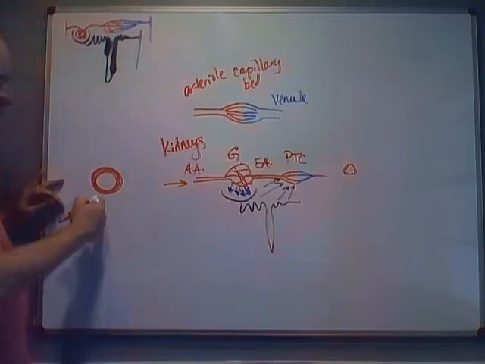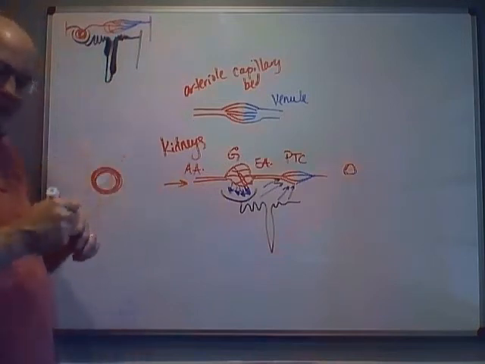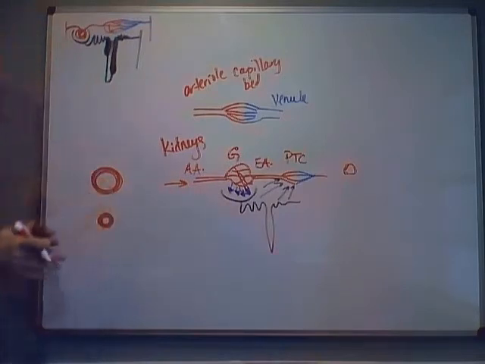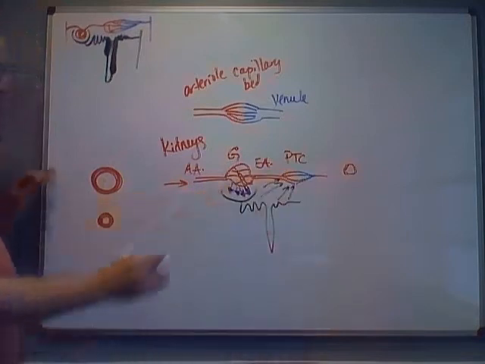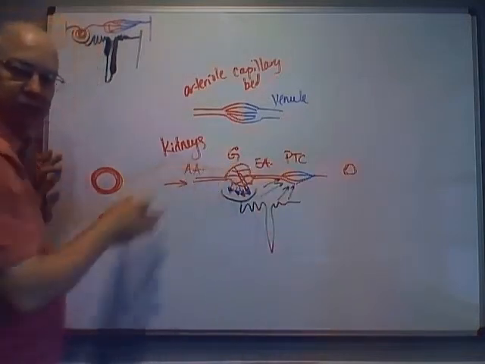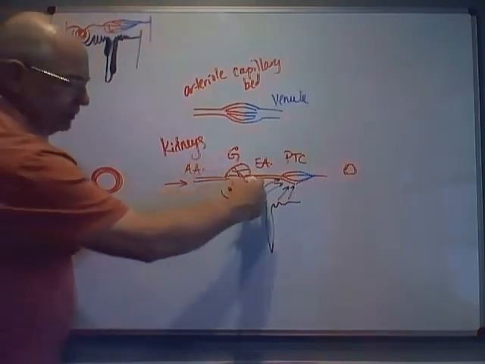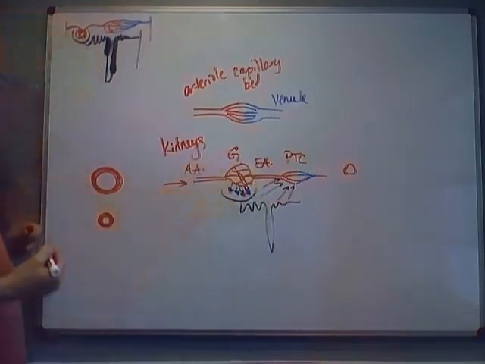And what that allows is arterioles to constrict and dilate. If I constrict this vessel, the smooth muscle contracts, the lumen gets smaller, less fluid can flow in, so therefore I've decreased the amount of fluid flowing into the glomerulus, or I could be stopping up the efferent arteriole.